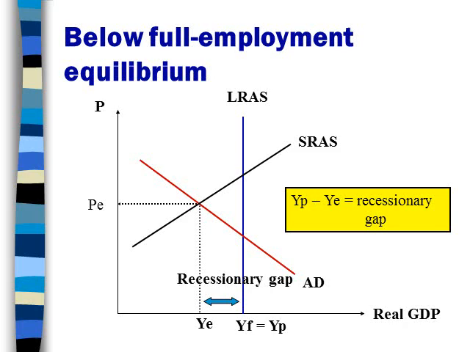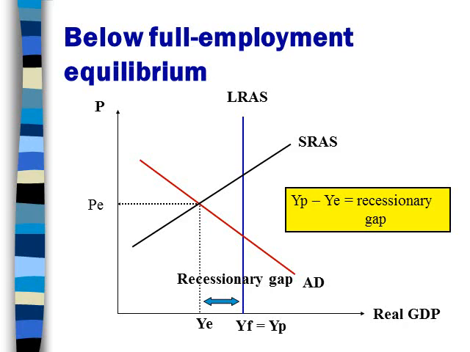Now this is the diagram, how we see it. When you draw the diagram, as I mentioned in lecture, please draw the equilibrium first, AD and SRAS first. Where the cursor is pointing, this is your current equilibrium, the meeting point between your aggregate demand and short run aggregate supply. This point gives rise to your current equilibrium output and the price level. So below full employment equilibrium, this point is below your potential.